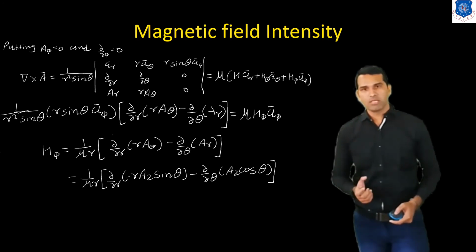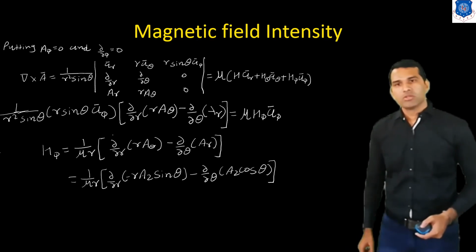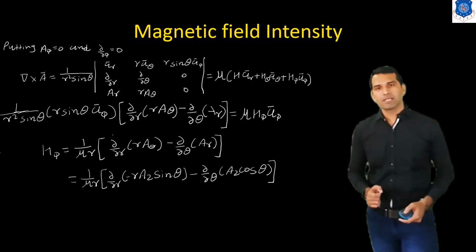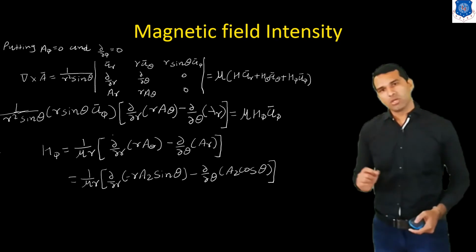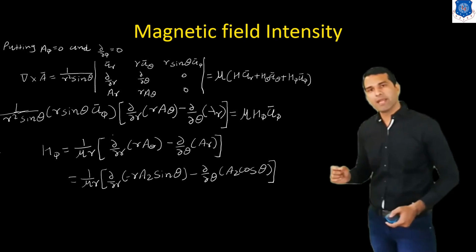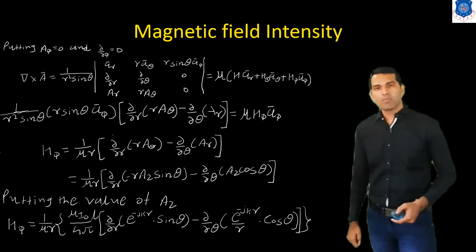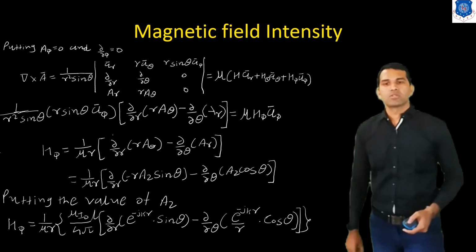When we solve this equation, we put in the value of A theta and the Ar value. So we can write the equation as 1 upon mu r, del by del r of minus r Az sin theta, minus del by del theta of Az cos theta. So here we substitute the values of A theta and Ar, and now we substitute the value of Az.